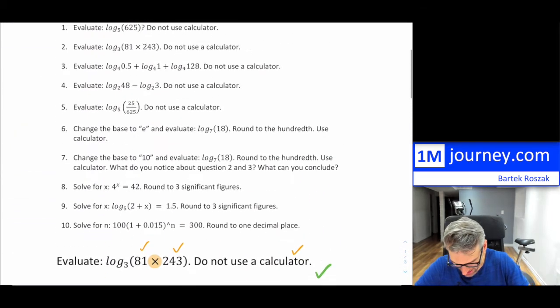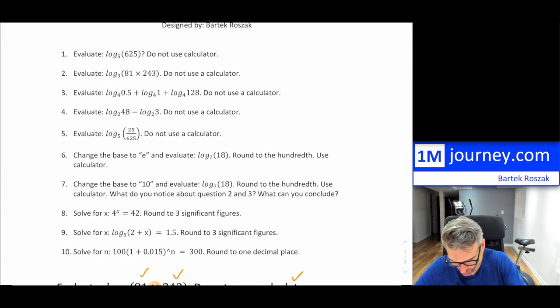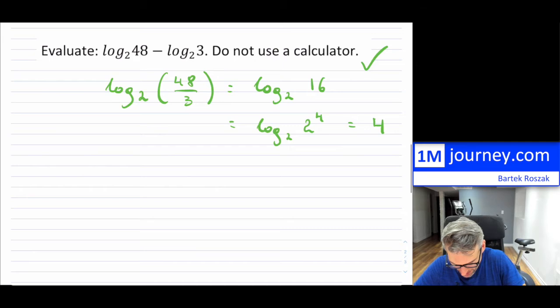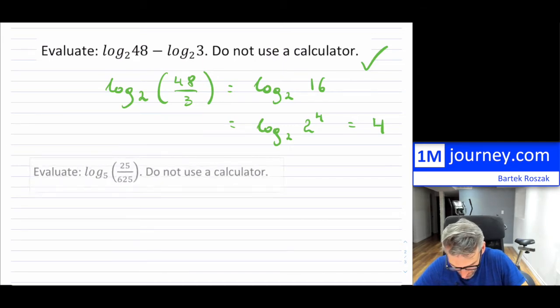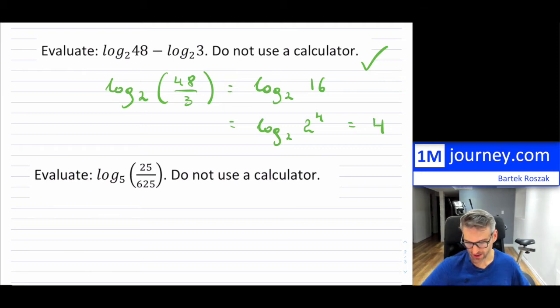Okay, so that's that question. So that was question 4. Question 5. Let's see what this one has to offer. So question 5 right here. Log base 5 of 25 over 625. So it's division. So I guess I can use a subtraction.